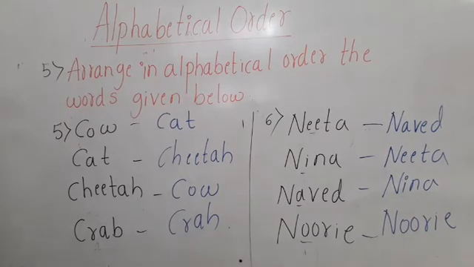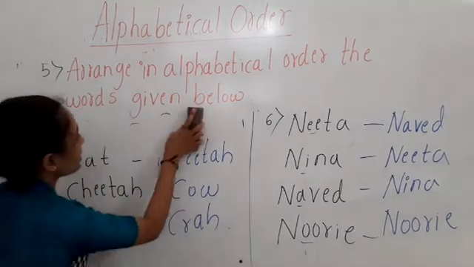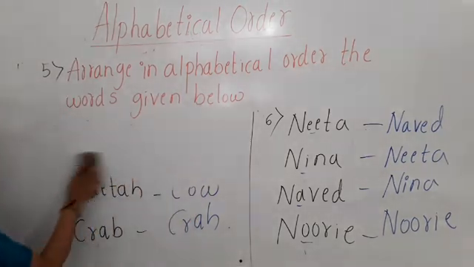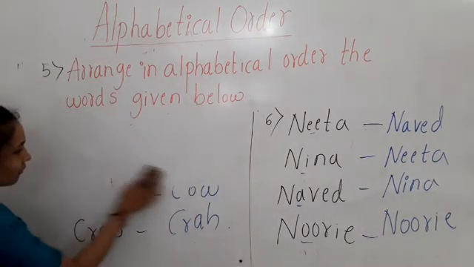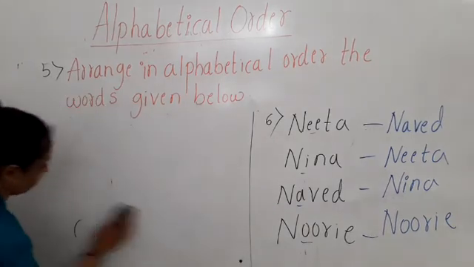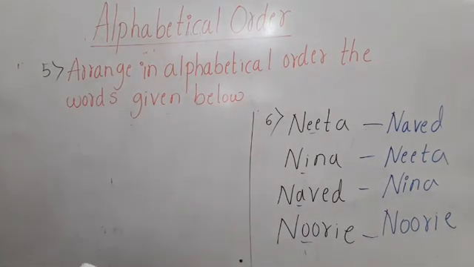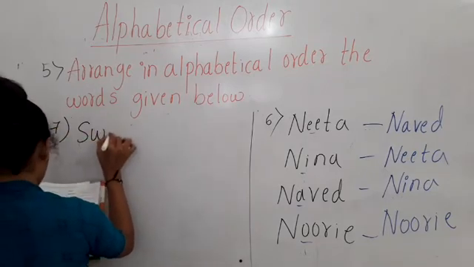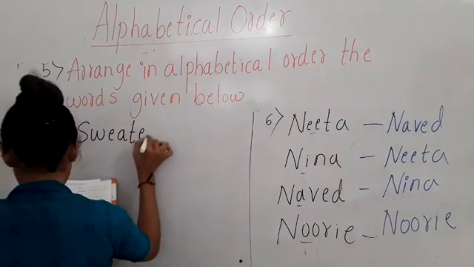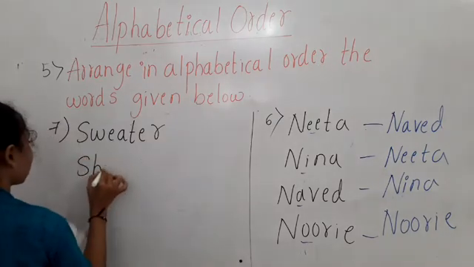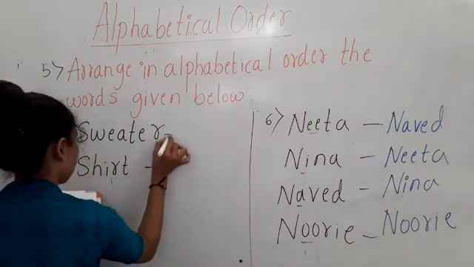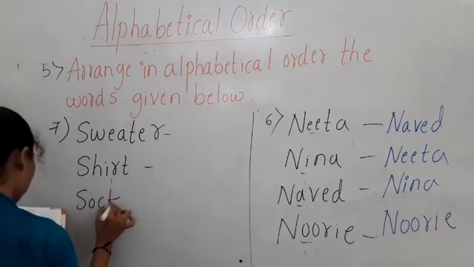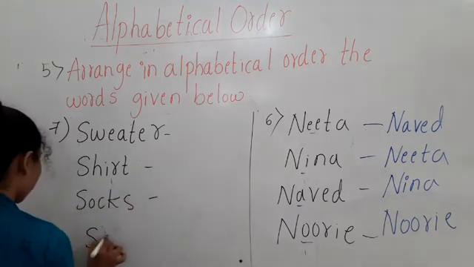Okay children, now look at the seventh column, seventh box. What we have here in the seventh box? The words sweater, shirt, socks, scarf.